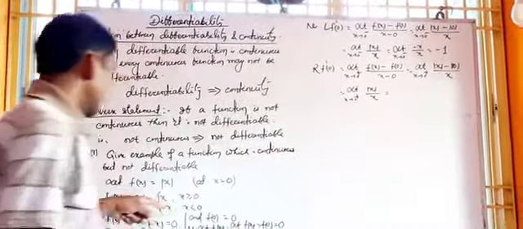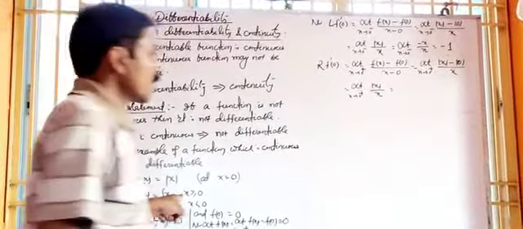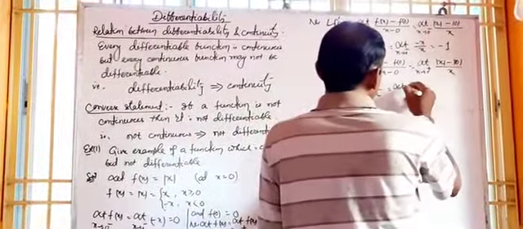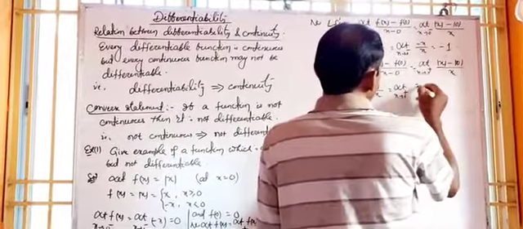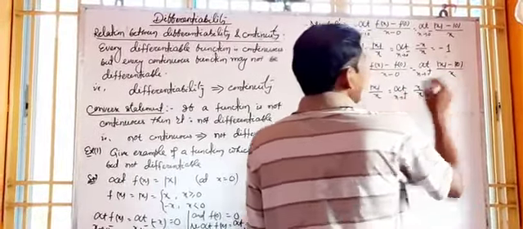Now mod x is x when x is positive. So this is limit x tends to 0 plus x by x, equal to 1.